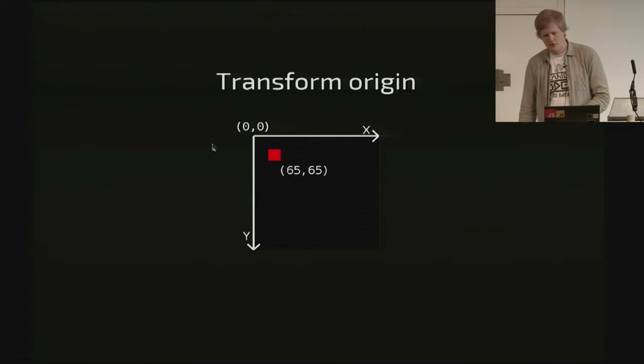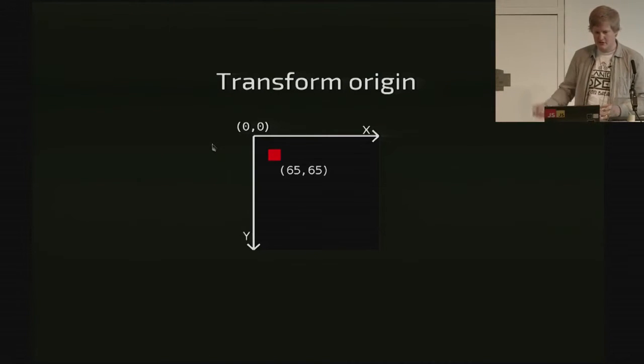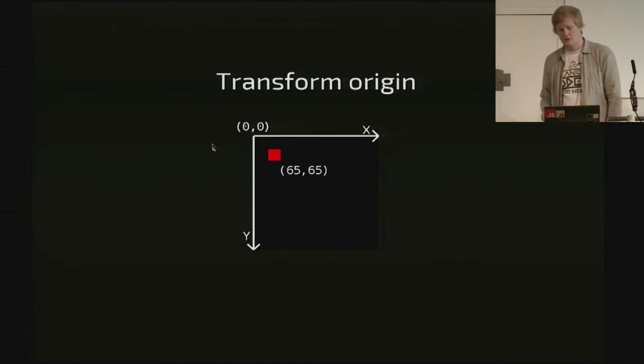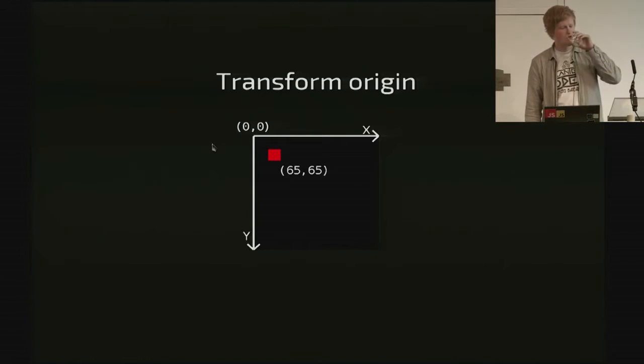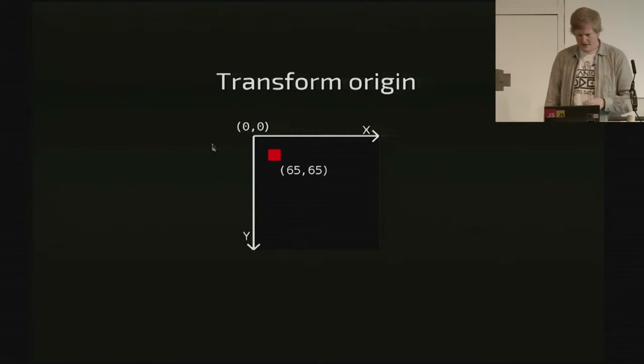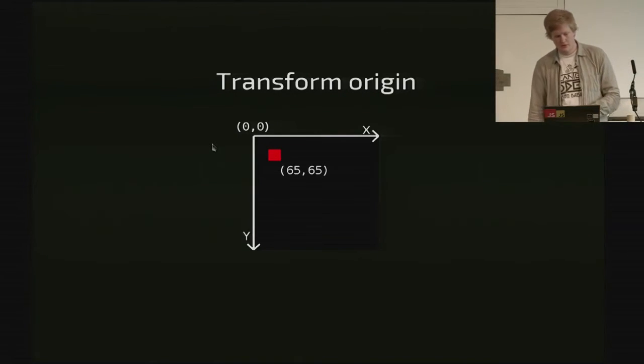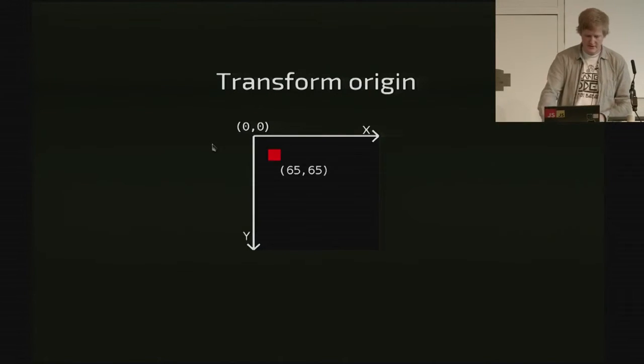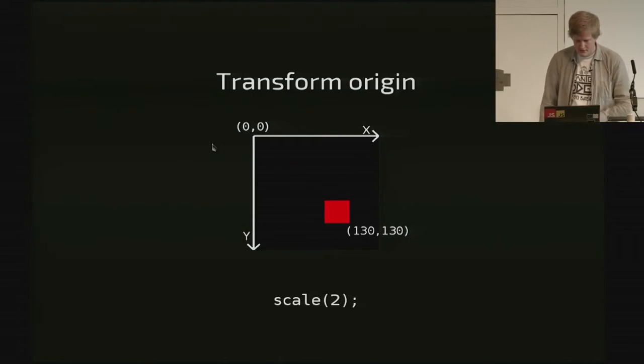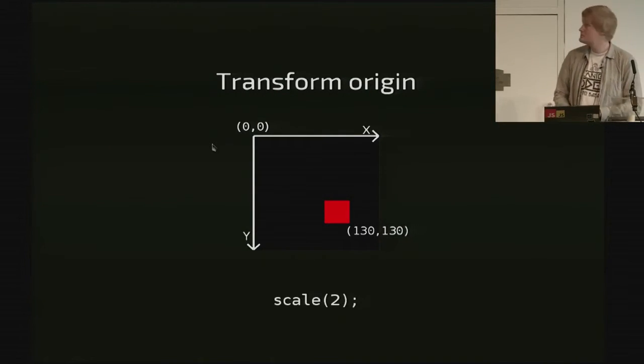The origin of a coordinate system decides the coordinates of a point, which is kind of natural. The coordinates of a point then decides what the outcome of a transform will look like. Here we have a box, and the lower right corner of the box is located at 65, 65 within this particular system. And if we apply a scale transform to this point, we see that the box moves and the coordinates move accordingly.